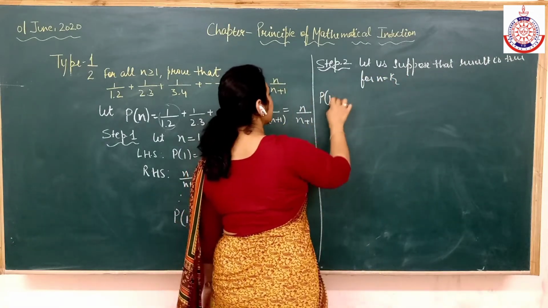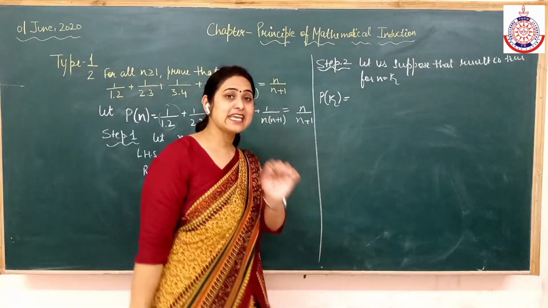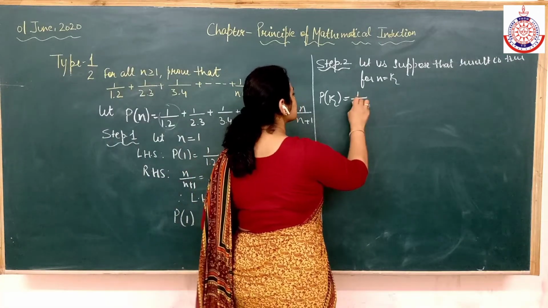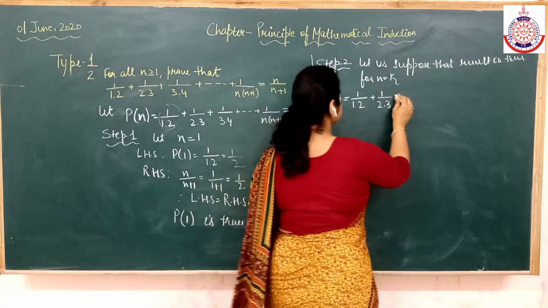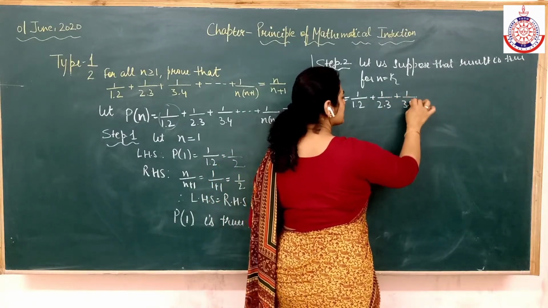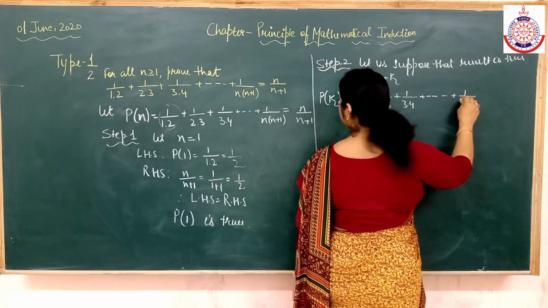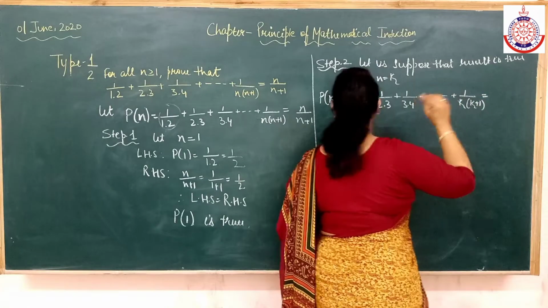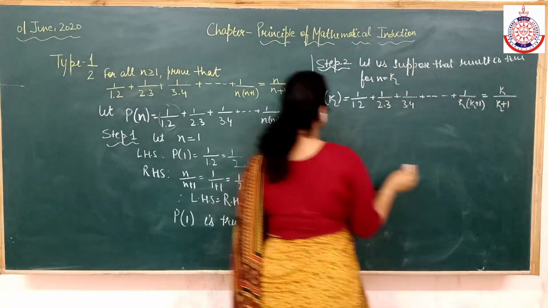That means Pk is true. Let's find out Pk. That means what do I need to do? I need to replace n by k. That's it. It's very simple. And I need to prove it. This is my assumption.